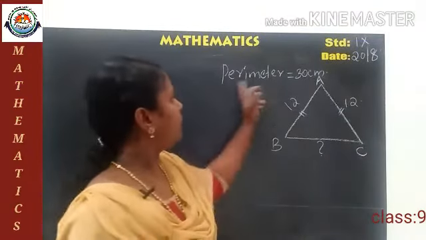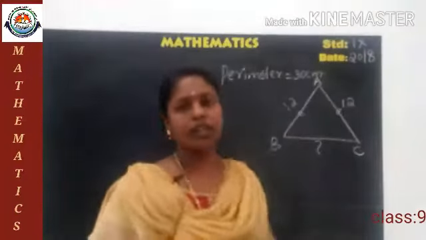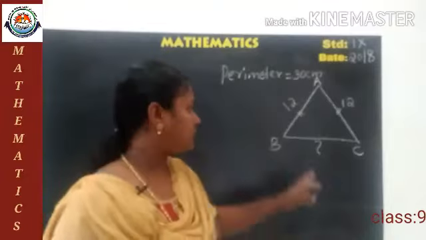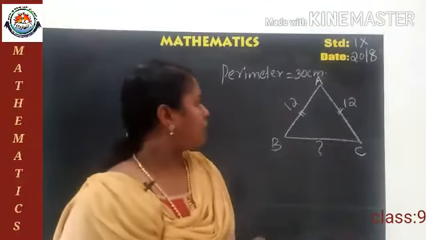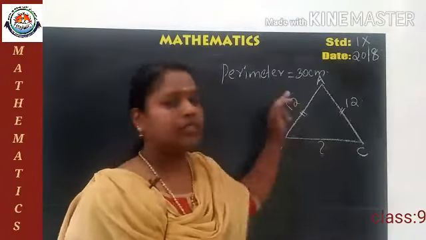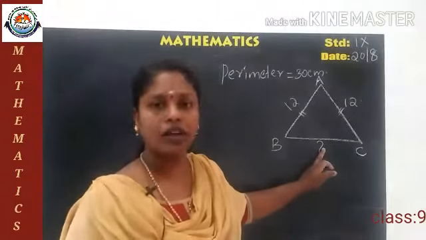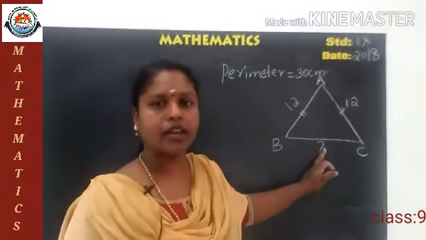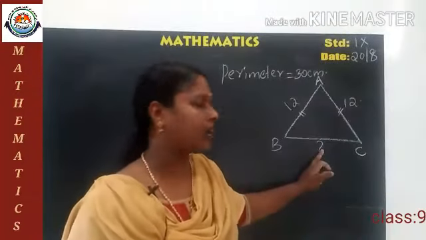Perimeter is given as 30 centimeter and length of the equal sides is 12 centimeter, but we don't know the third side. To apply Heron's formula, we need length of three sides. But here length of the side is not given. So first we have to find length of the third side.